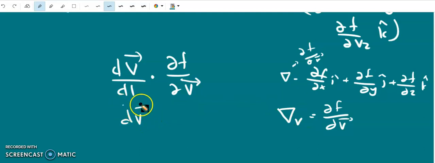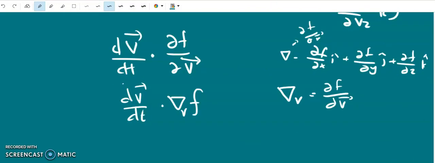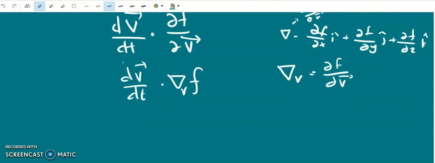So dv vector by dt dot dou f by dou v vector, or you can say that this is nothing but the gradient in velocity space of f. Okay, we know this is the rate of change of velocity. Rate of change of velocity means acceleration.